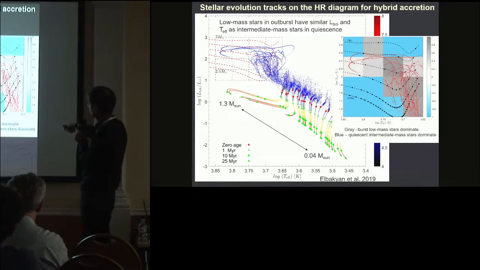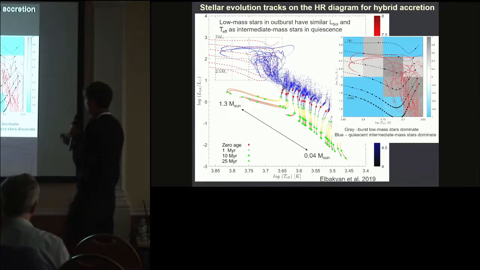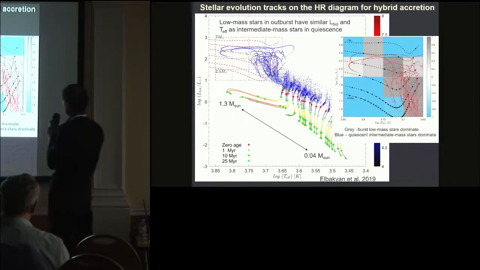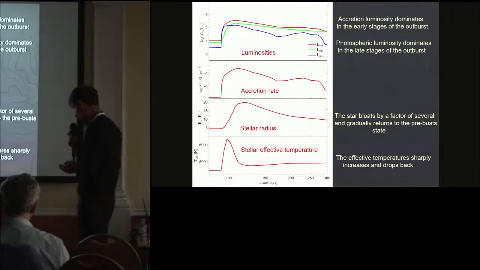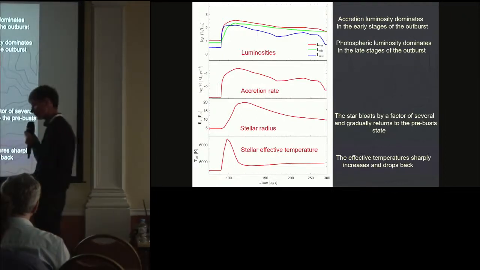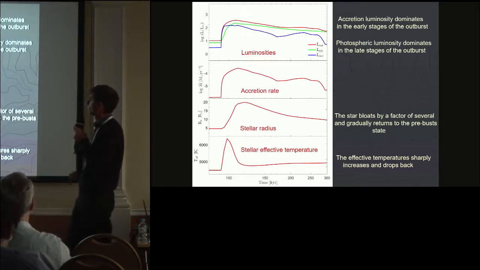The shades of blue are where intermediate mass stars dominate, and the shades of gray are where the FU Orionis stars dominate. So in part of this diagram, you may find an FU Orionis star rather than a young intermediate mass star.